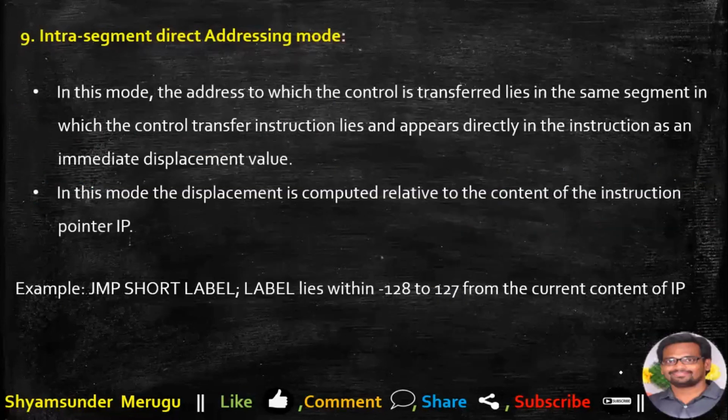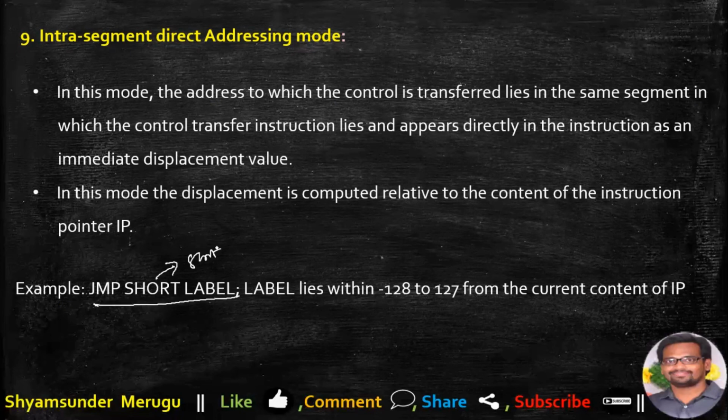So in case of intrasegment direct addressing mode, as we discussed, the control is transferred to the same segment in which the control transfer instruction lies and appears directly in the instruction as an immediate displacement value, right? So here you can take this particular example. The short indicates the 8-bit displacement and the label lies within -128 to 127 from the current content of IP.